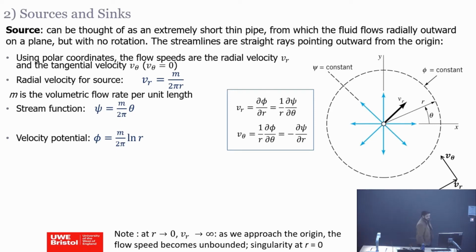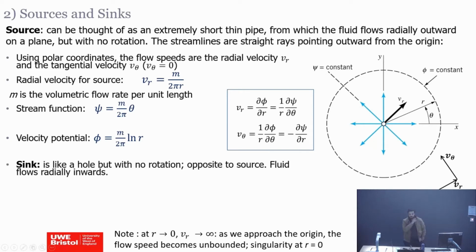In mathematics, we just call that a singularity. A singularity is usually where either something is equal to 0 or something goes to infinity, which is not physical. So the speed is unbounded at the source. What is infinity? We can't have infinity. So this is a singularity, and that's the first thing to notice.